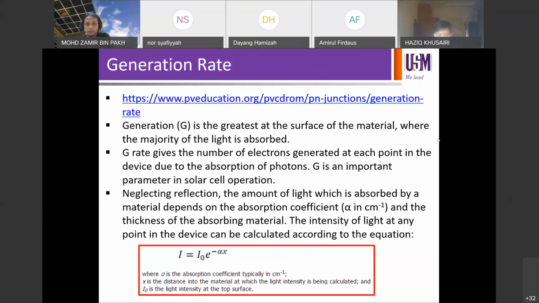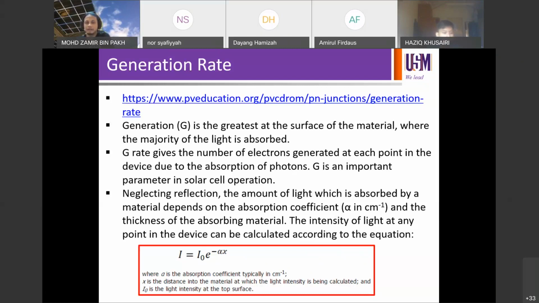All right, so let me finish this off in the next few minutes. So neglecting reflection, if you assume zero reflection, for example, the amount of light which is absorbed by a semiconductor material depends on the absorption coefficient. So recall that the capability of light absorption depends on the alpha value, right?